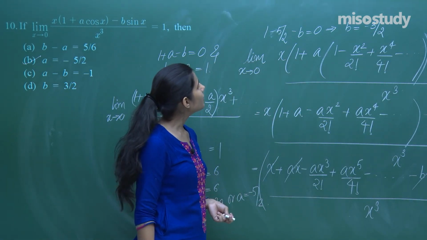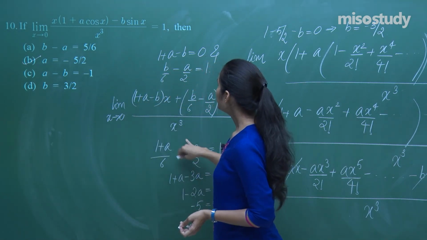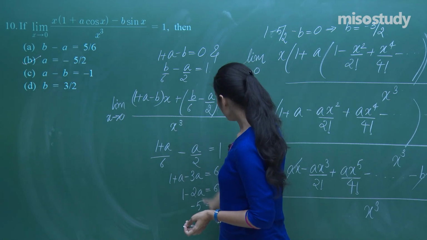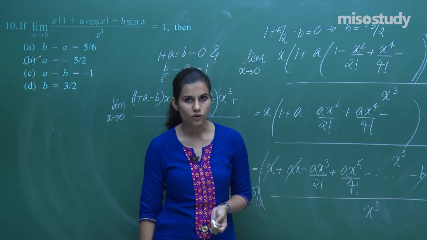B will be 2 minus 5 by 2, which is minus 3 by 2. So you are getting a to be minus 5 by 2 and b to be minus 3 by 2. That is what you are getting as your values, right?